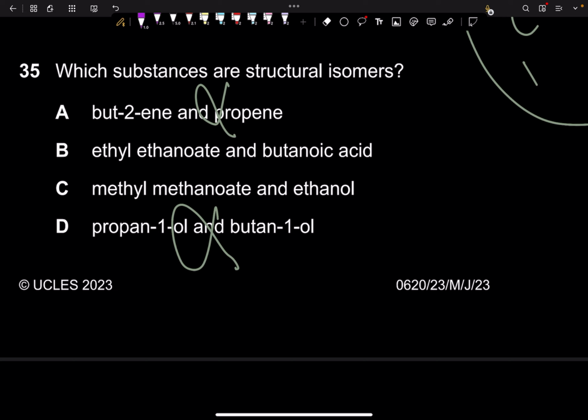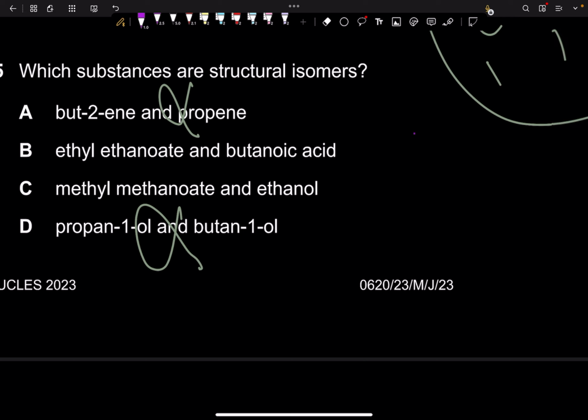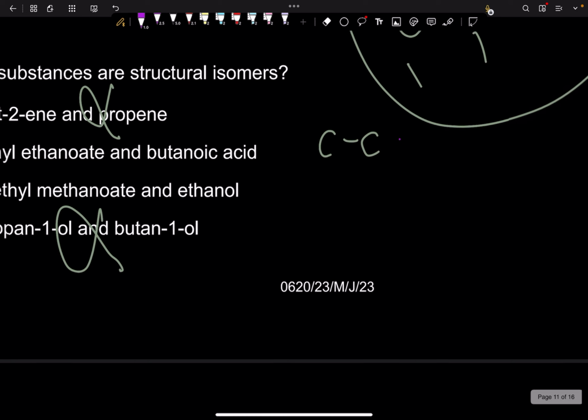Ethyl ethanoate, let's draw it. Ethyl means 2 carbons. Make it ethyl, and ethanoate also means 2 carbons. And we have to draw the double bond between them. So just erase this over here. We draw a double bond.